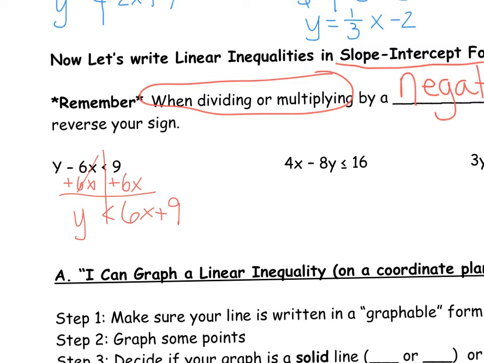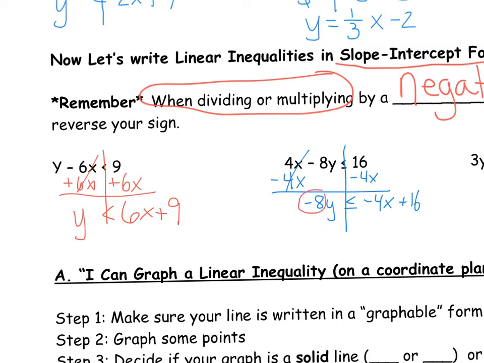Okay, second one. Line down the inequality sign. I keep saying equals, it's really an inequality. Minus 4x. So negative 8y is less than or equal to, I'm going to put the x first, negative 4x plus 16.